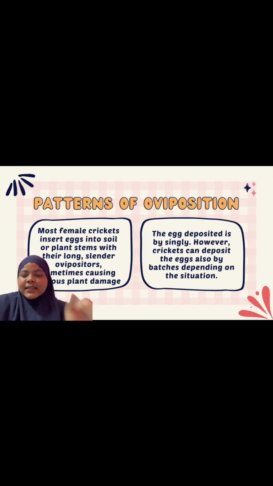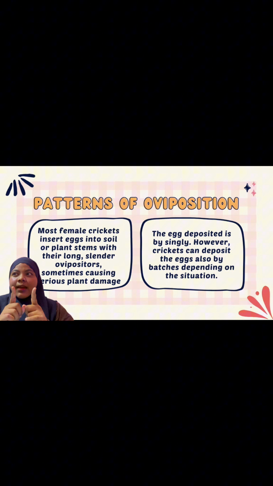Next is the pattern of oviposition. Most female crickets insert their eggs into soil or parts of plant stems with their long and slender ovipositor that is placed behind their body, and sometimes this insertion of the ovipositor actually damages the plant.